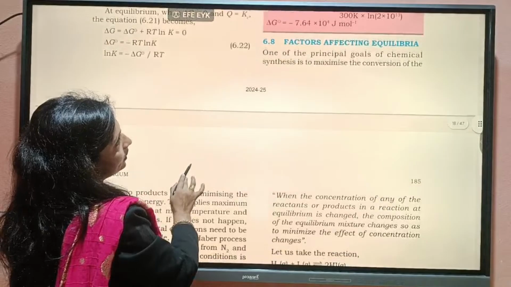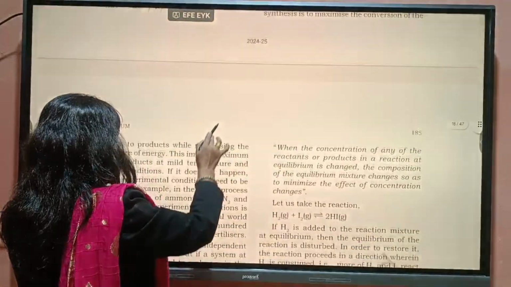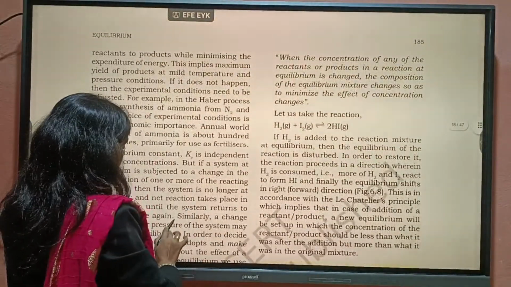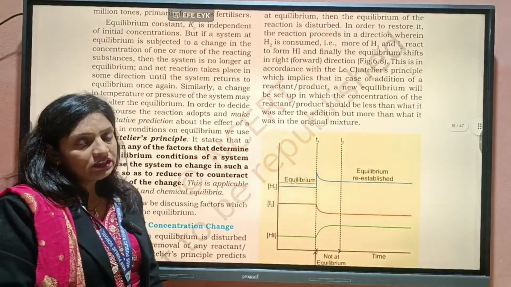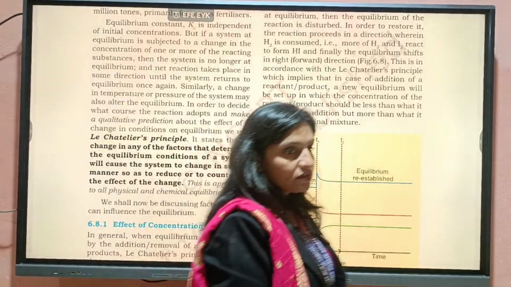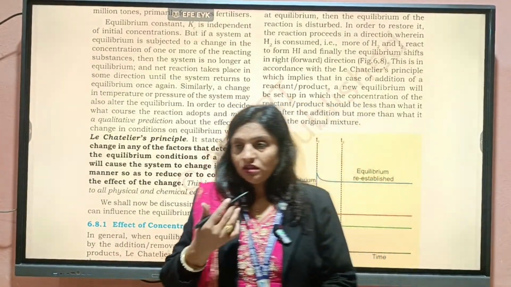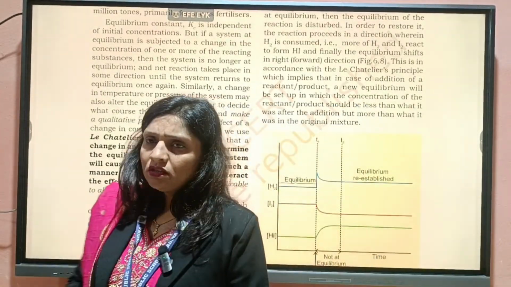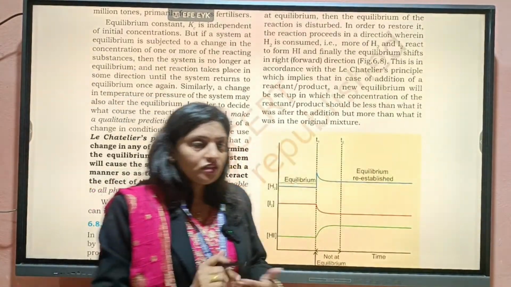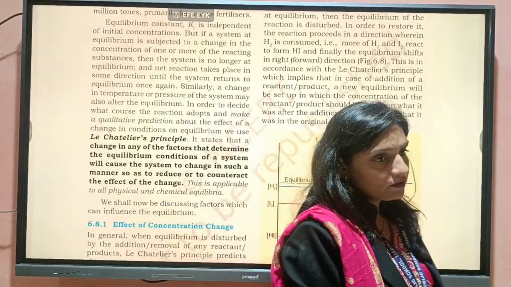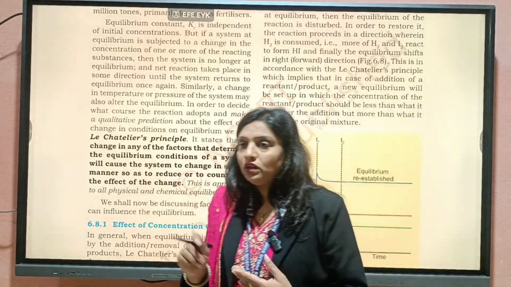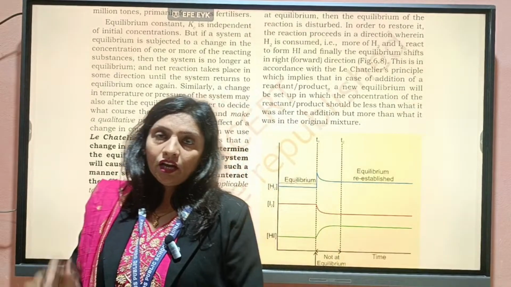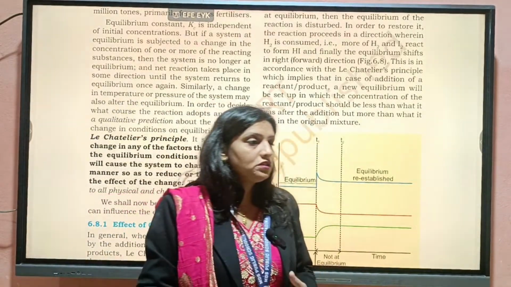Now students, factors affecting equilibrium means what are the factors which are affecting the equilibrium? Students, change in concentration, change in pressure, temperature, many factors are there which can affect the equilibrium. But students, all these changes take place according to one principle.